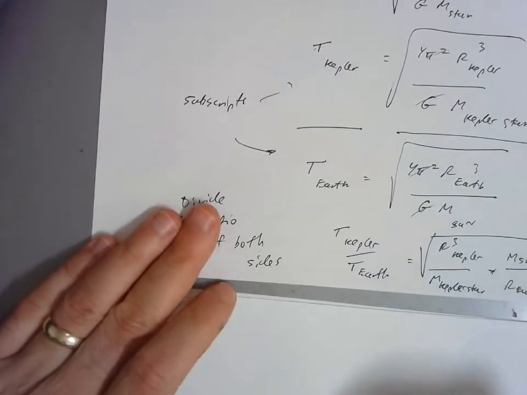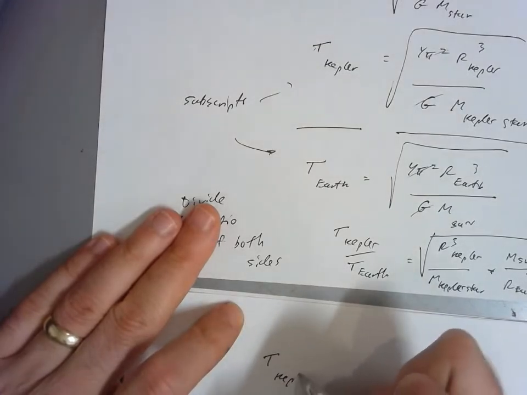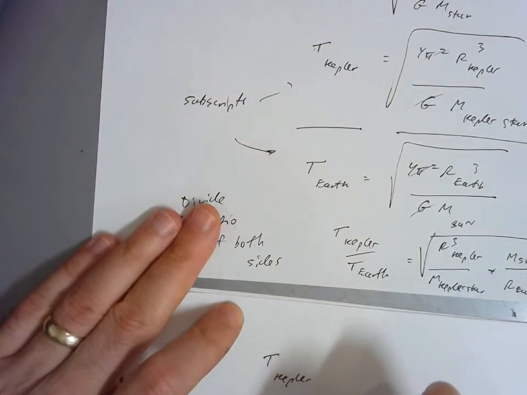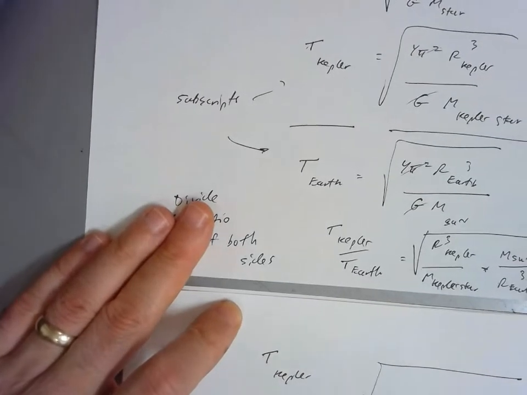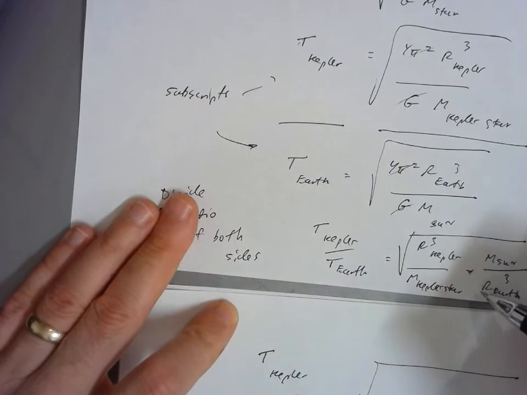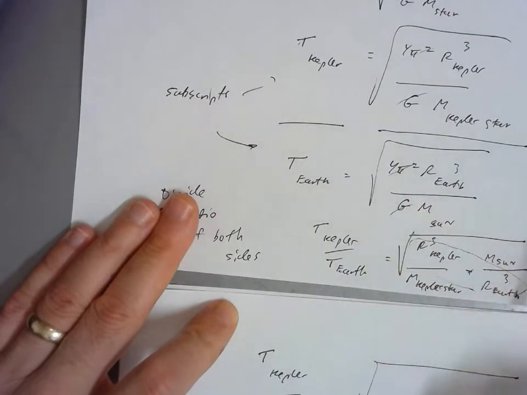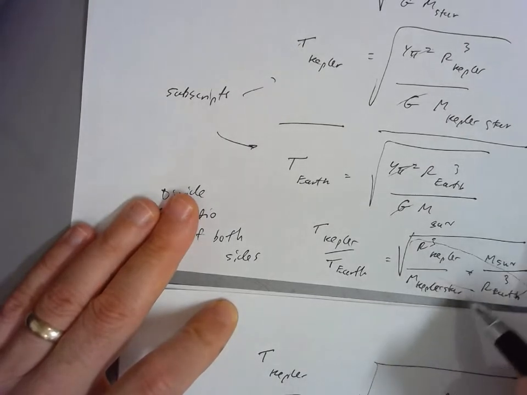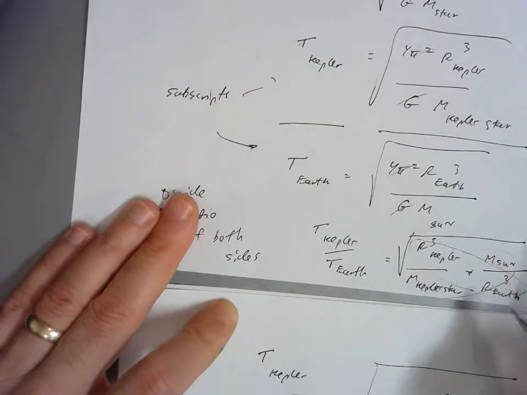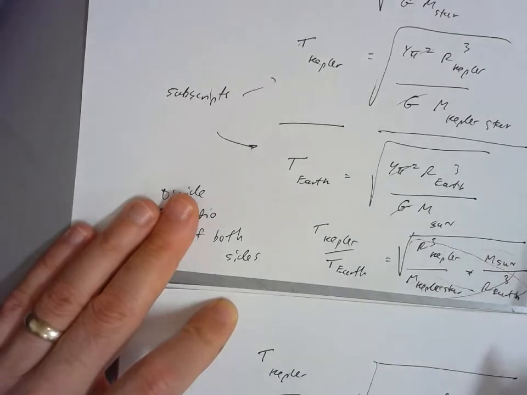I've got the period of Kepler compared to the period of Earth, which is the square root. Alright, I'm going to do this ratio first. That ratio is 0.0058, but that was the ratio of the radii. I've got to cube that. Then I'm going to multiply by this ratio, mass of Sun compared to mass of Kepler star.